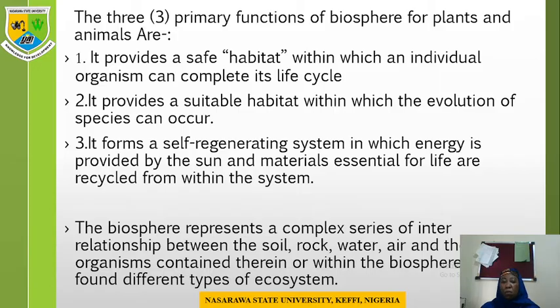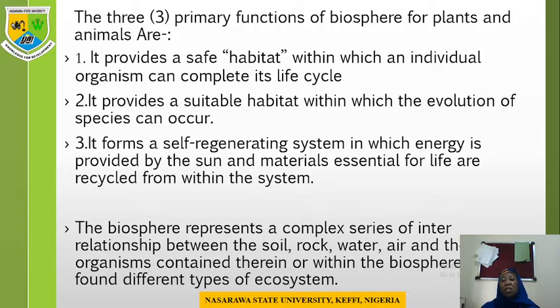When we say energy from the sun, there is solar energy to the plants, which can be converted to chemical energy and which can be taken by other organisms, that is animals, to provide mechanical energy in their body. And the materials essential for life can be what? Can be gases like oxygen and carbon dioxide.